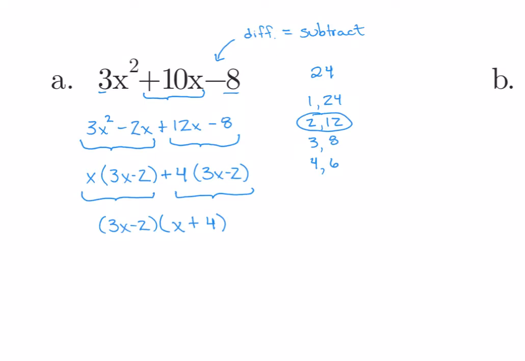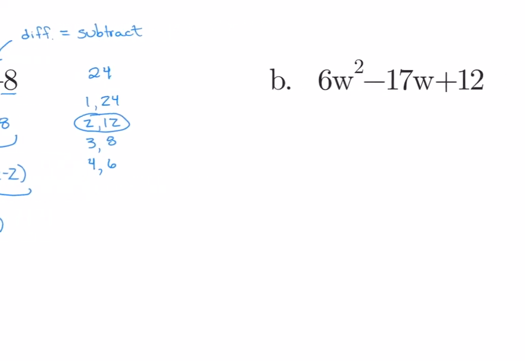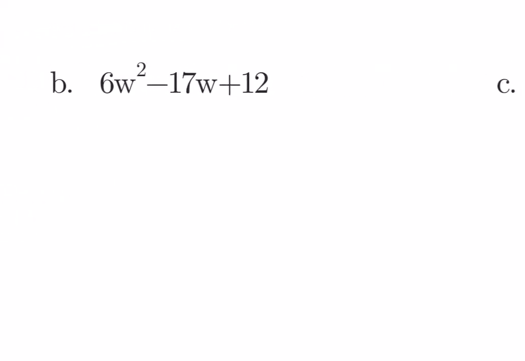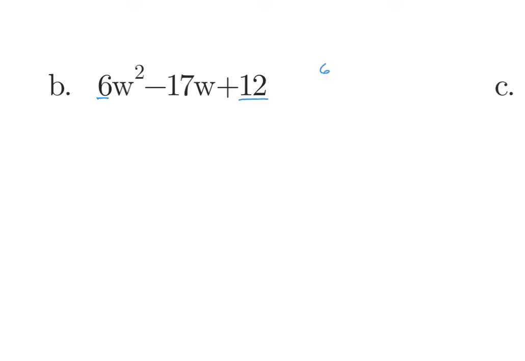All right, let's try a couple more just to make sure we got it. For example, B. Again, I'm going to start by multiplying my A and my C. 6 times 12 is 72. All right, let's find all the things that multiply to 72.